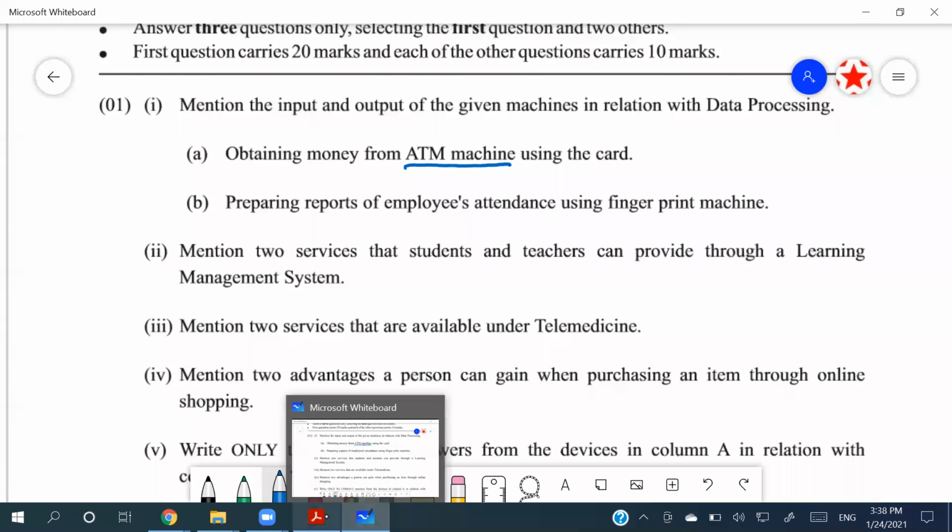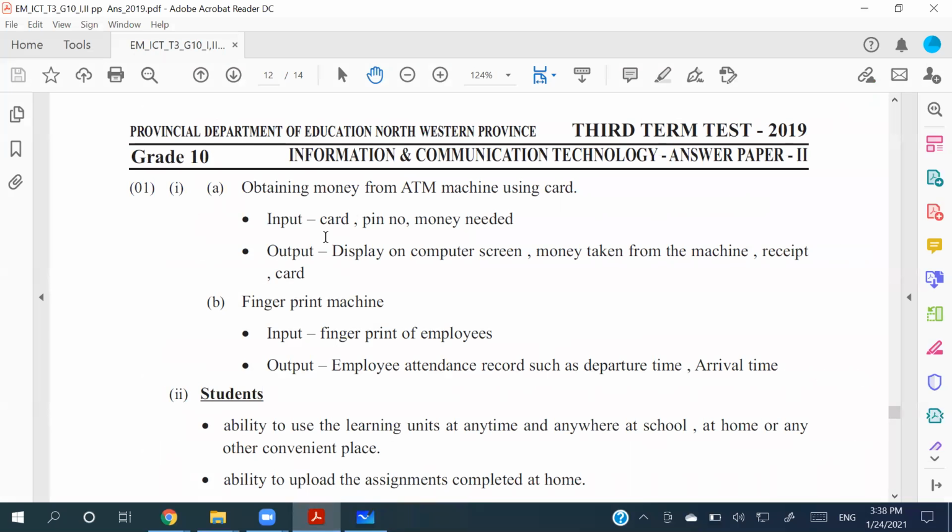Any one of these inputs, card, PIN number, or the required amount, you can have 0.5 marks for that. If you get any different answers, just let me know. Debit card, credit card, yes, can go.